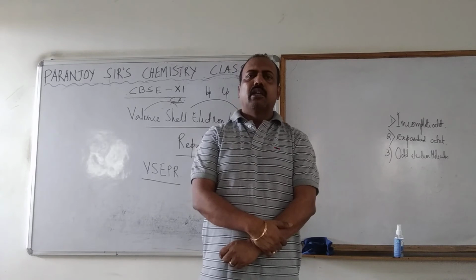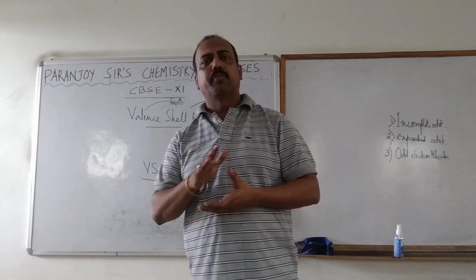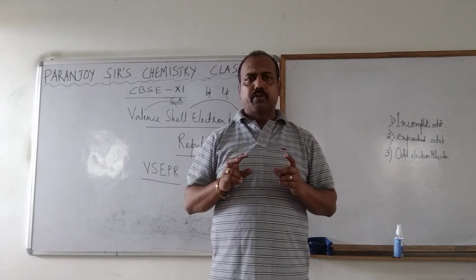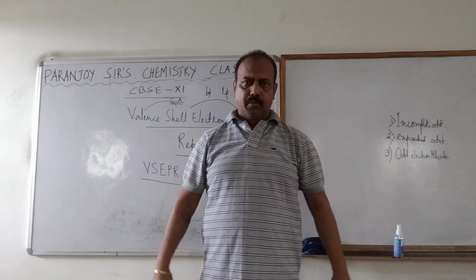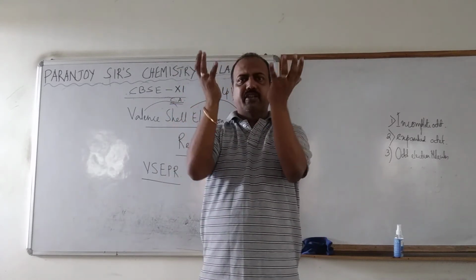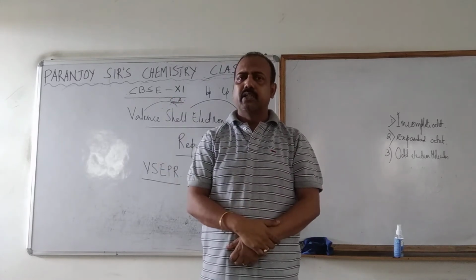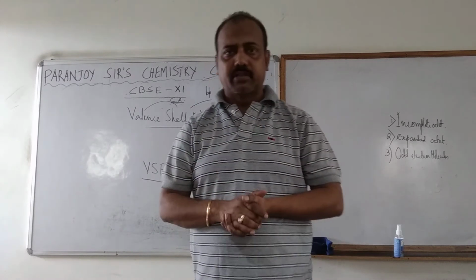Fine. Now the electron pairs, that is the bond pair or the lone pair in it, are, according to this theory, placed on the surface of the sphere. Now, this theory says that, obviously they are going to repel each other.